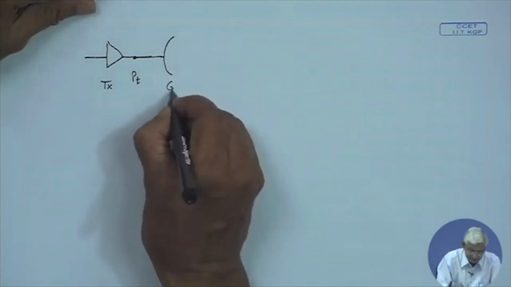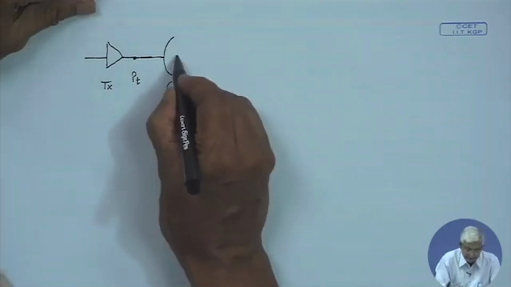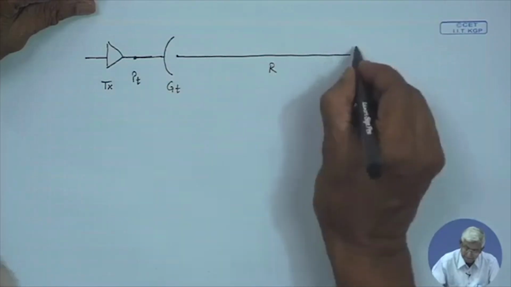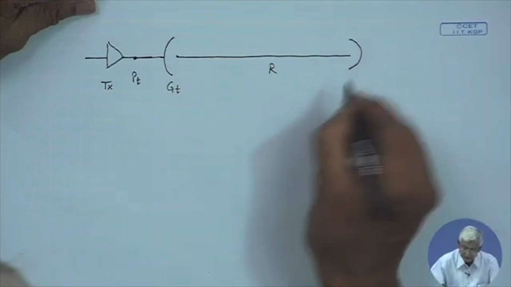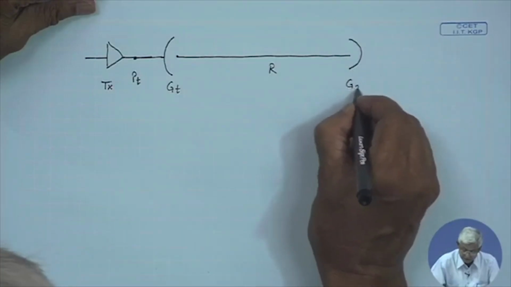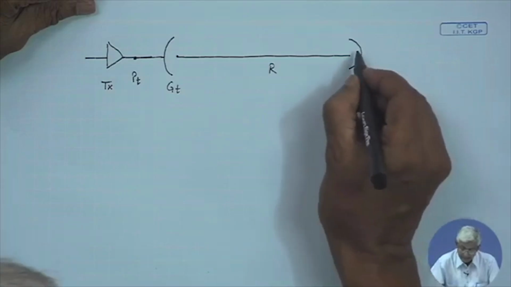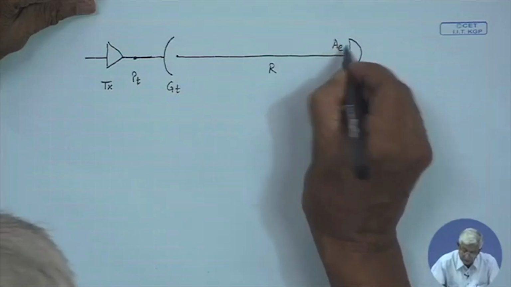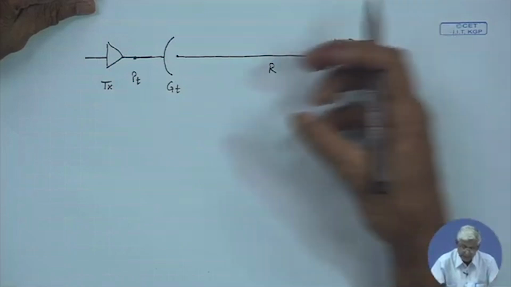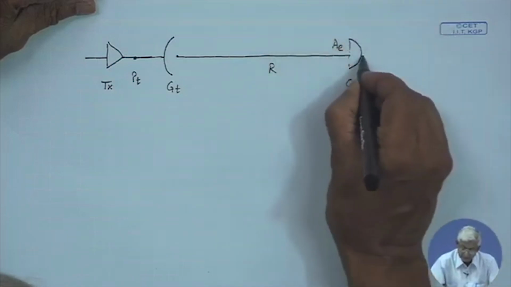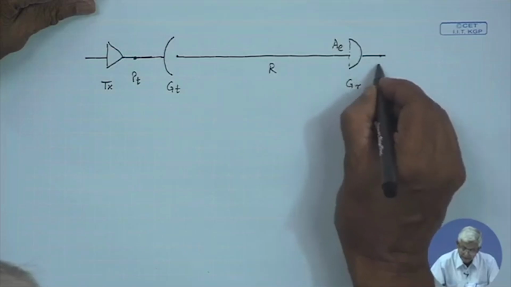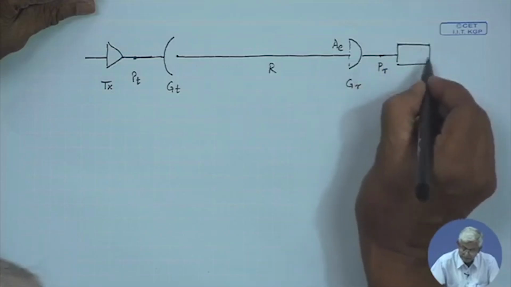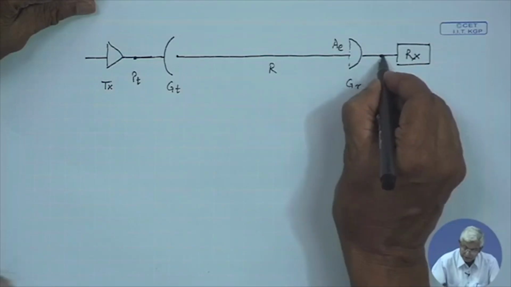This antenna has a gain GT, and then from its aperture at a distance R, we have a receive antenna which has gain GR and an effective aperture, let us call it AE, through which it captures the power. The received power PR is given to the receiver, so the input power to the receiver is PR.